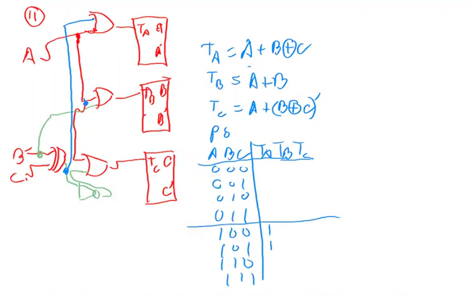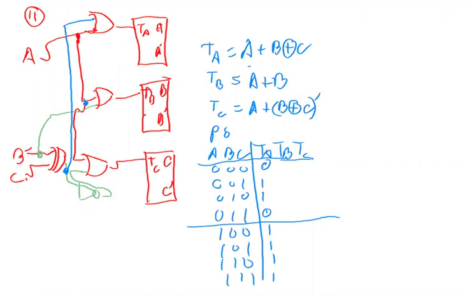Here's A, or B exclusive OR C. So we'll do the exclusive OR between B and C. That's 0, 1, 1, 0.